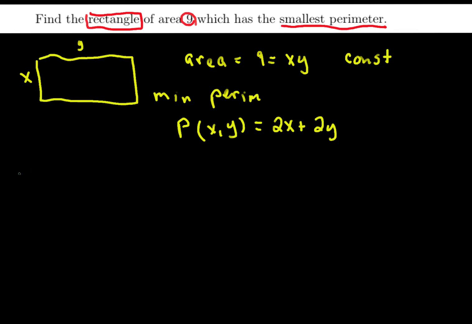So since 9 is equal to xy, this tells us that y is equal to 9 over x.